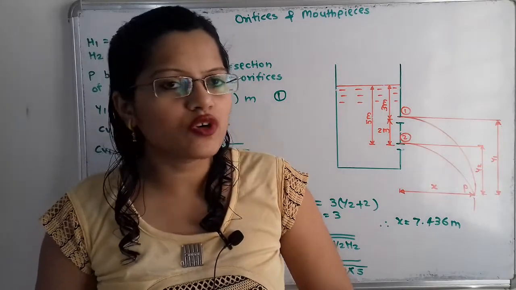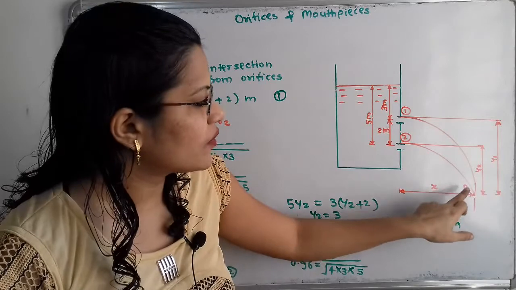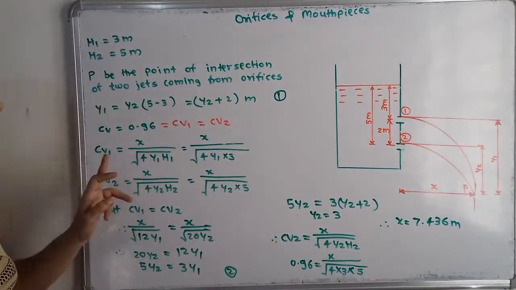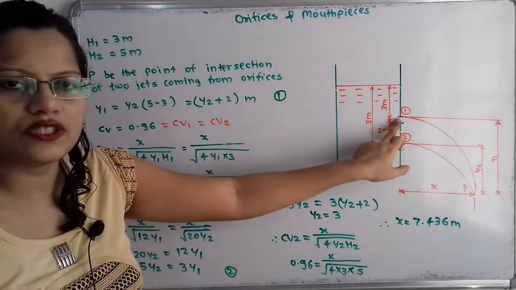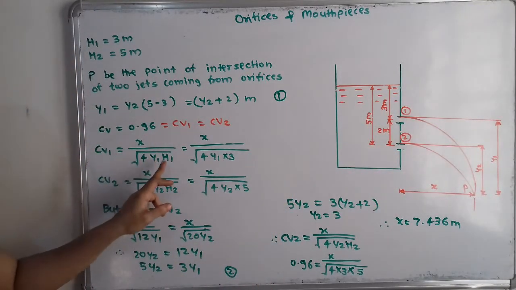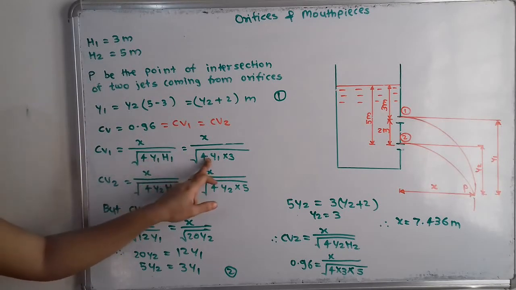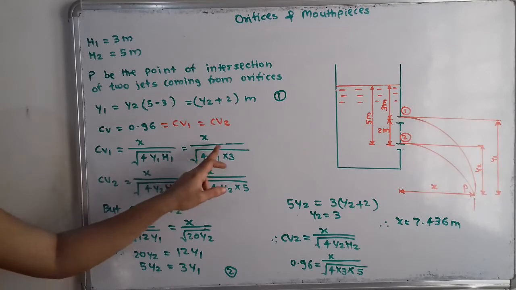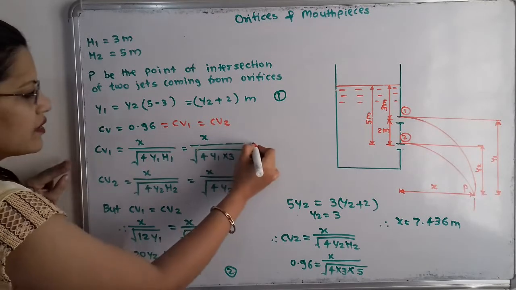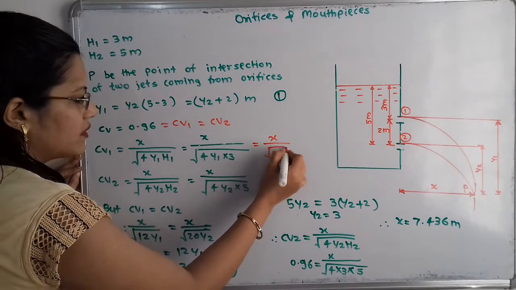We have a formula in terms of x and y1, y2. CV1 for orifice 1 is x divided by the square root of 4 y1 h1. Here h1 is 3, so we get x divided by the square root of 12 y1.